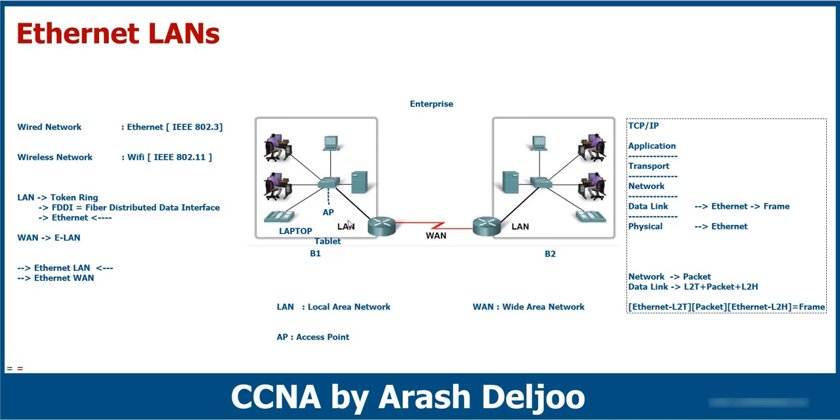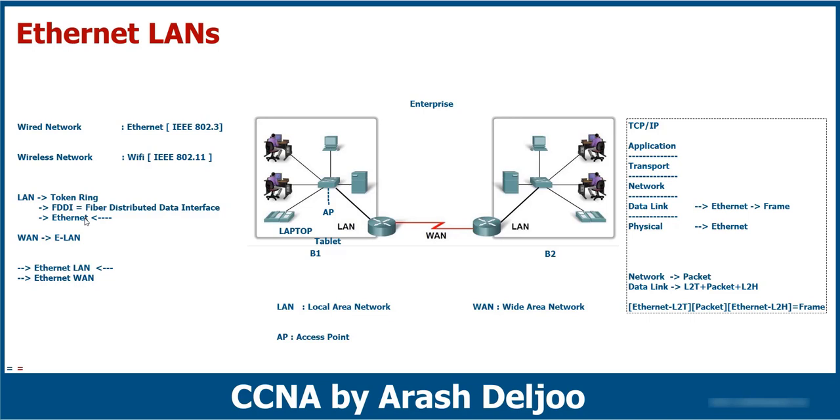After that, now we are talking only about the LAN, not the WAN. In LAN, we had many technologies in history, for example token ring, FDDI, and Ethernet. But token ring, FDDI, and other technologies are not available now. Because of that, we need to talk only about the Ethernet.